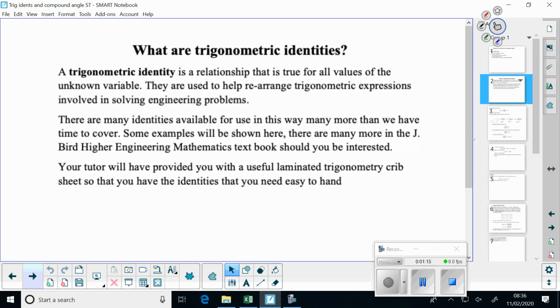There are many identities available for use in this way, many more than we show here. Many more in the Bird Higher Engineering Mathematics. Your tutor will provide you with the laminated copy of that you need.